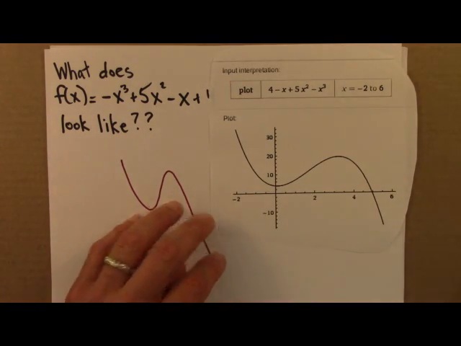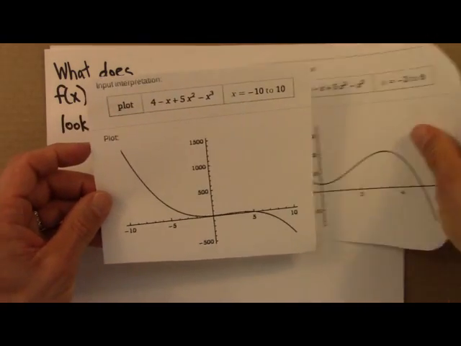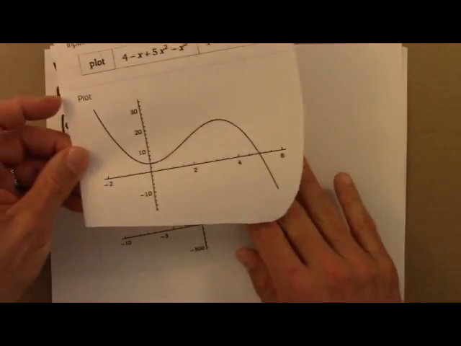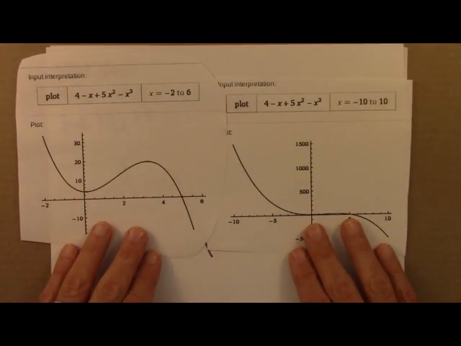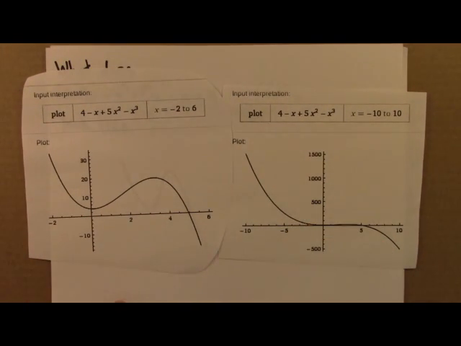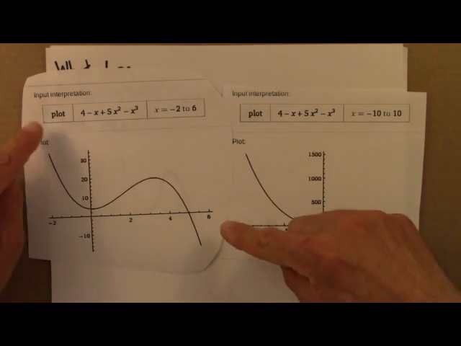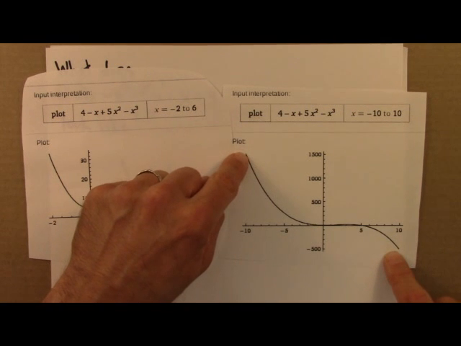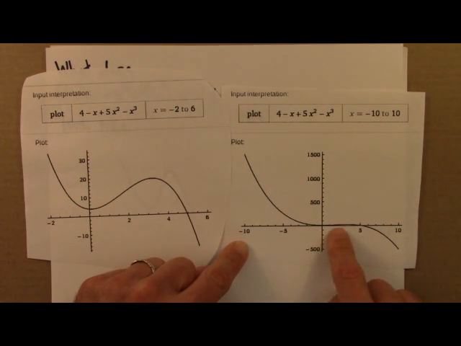If we go instead from minus 10 to 10, let's see if I can get both of these on the screen, we can start to see that because we see so much of this tall peak, the little bumps down here almost disappear. In fact, this just starts to look like a cubic function.